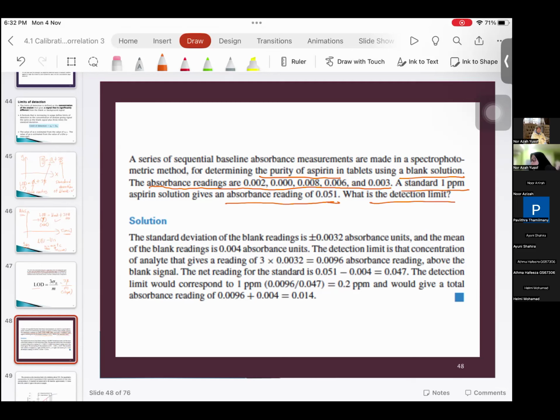Remember the formula is Y = alpha + 3 beta, where alpha is supposed to be the reading of the blank. Let's look at the question. Do we have the standard deviation? We have to calculate it, but the data has been given. The standard deviation of the blank reading calculated from the data is already calculated, so it's plus minus 0.032. That is the standard deviation, which is beta.